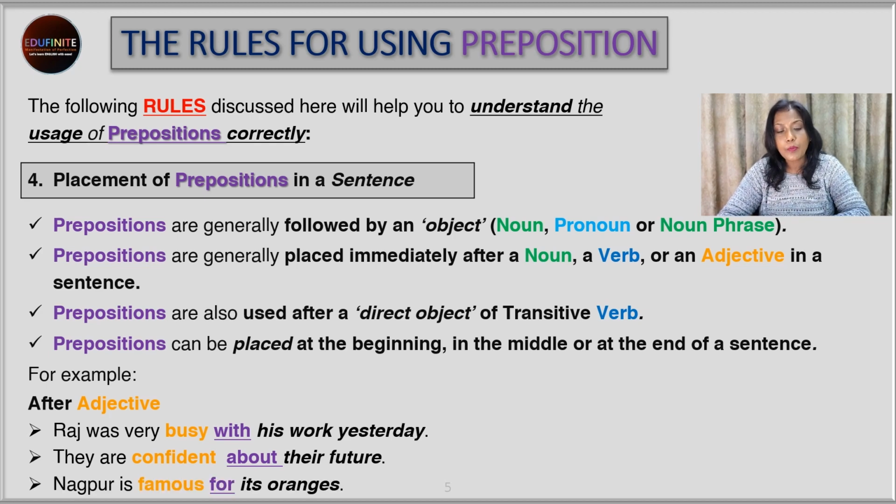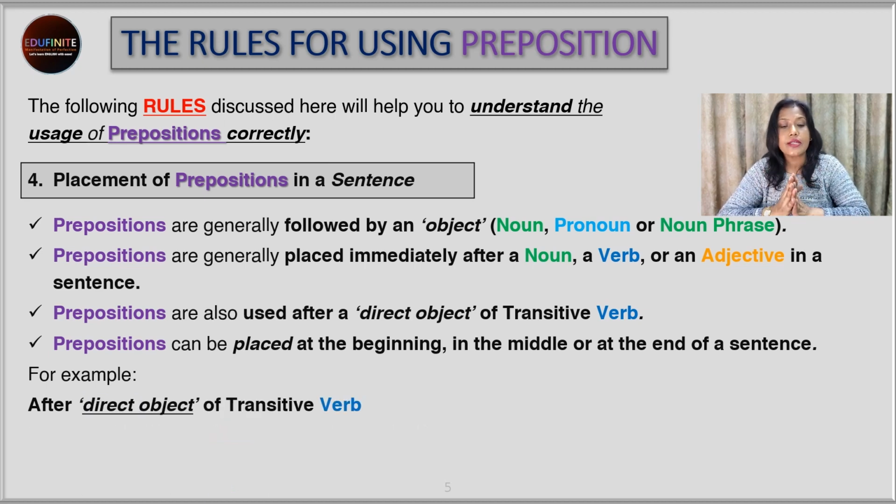Next, Nagpur is famous for its oranges. Again, Nagpur is famous. So the word famous is the adjective, for is the preposition, and its object is its oranges. Well, the next one is after the direct object of a transitive verb. She scolded him for being rude.